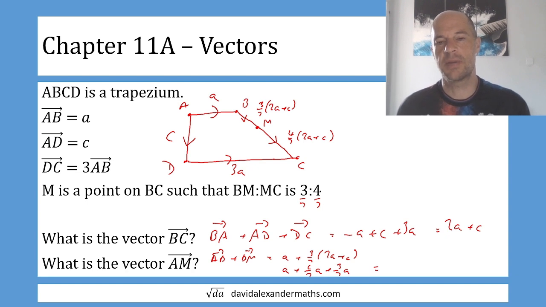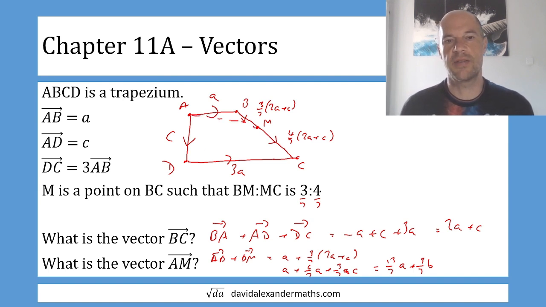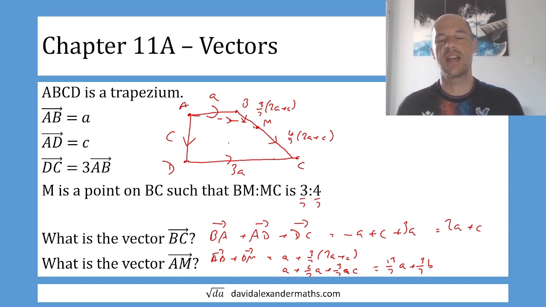So 7/7 plus 6/7 is, sorry, that should have been a C there, not an A, by the way, 13/7. So 13/7 A plus 3/7 C. So that is the vector from A to M. If I wanted to, I could just draw a line in and label that as 13/7 A plus 3/7 C.